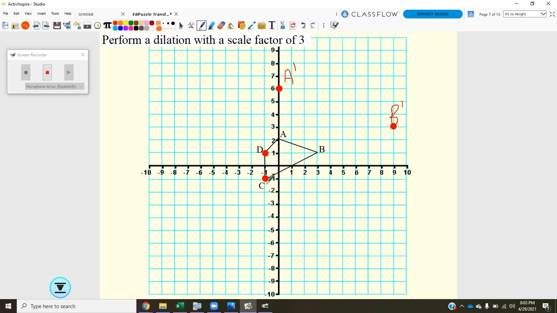C prime is at -1 and -1. They're both -1s. If I multiply those by 3, I'll get both -3s. So -3, -3, and I'm going to label that C prime.